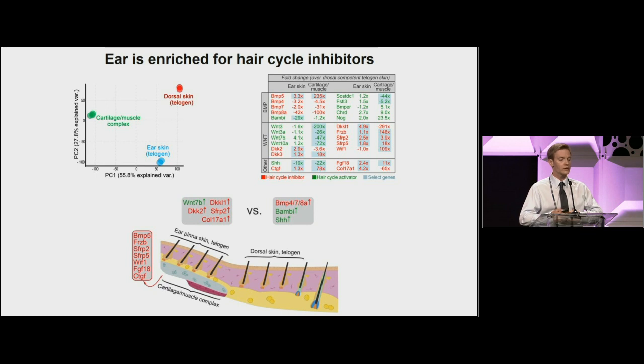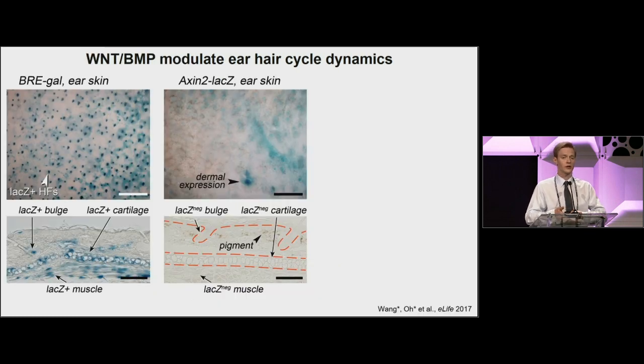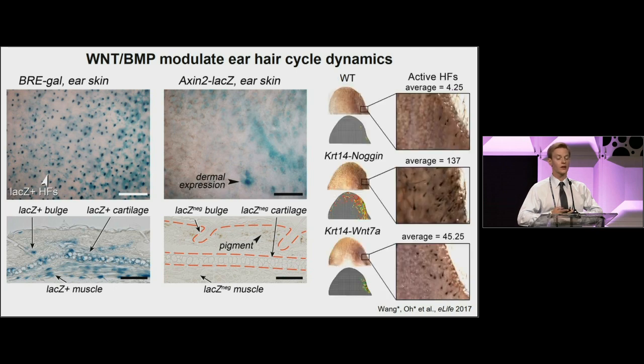The role of Wnt and BMP signaling could be further demonstrated in the ear in reporter mice, such as shown here for BMP and Wnt reporters, which are either highly active or almost completely absent in mouse ear skin. By modulating signaling in the ear, such as in K14-Noggin mice, expressing the soluble BMP antagonist Noggin, or in K14-Wnt7a mice, we can partially rescue this hyperrefractivity and allow ear hair follicles to spontaneously cycle faster.